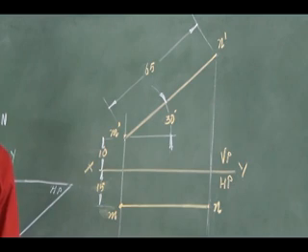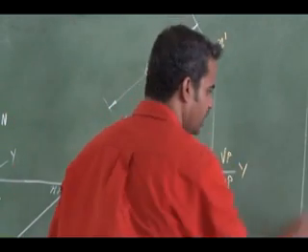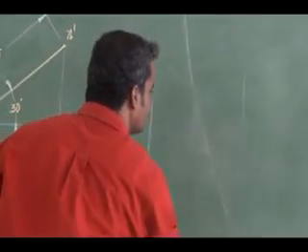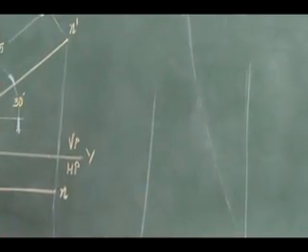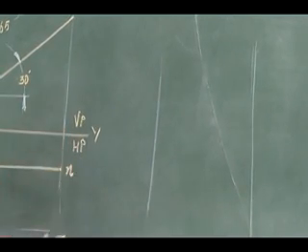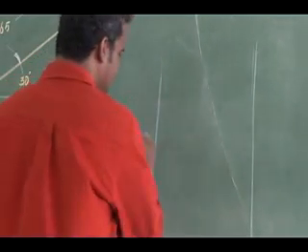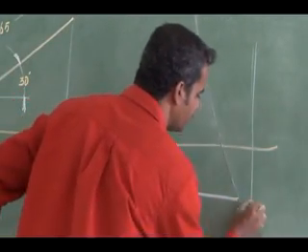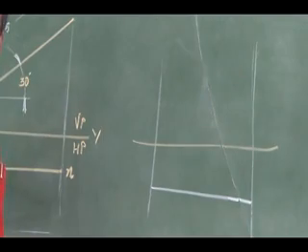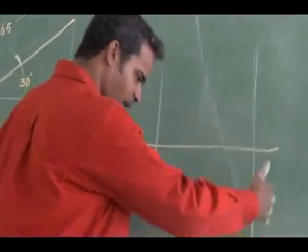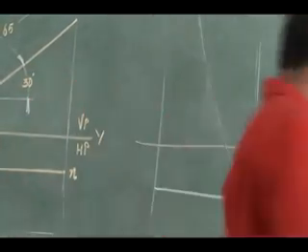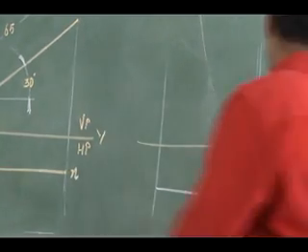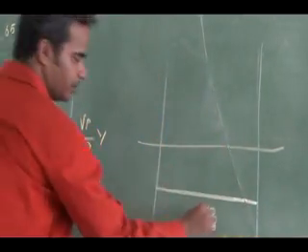If I give the end projector distance, say 40 mm, I can draw two end projectors at 40 mm distance. So the orientation is parallel to VP and inclined to HP. I will have my reference line. One of the top views will definitely be parallel to the reference line. So this is nothing but my distance 40, so this is my top view 40.